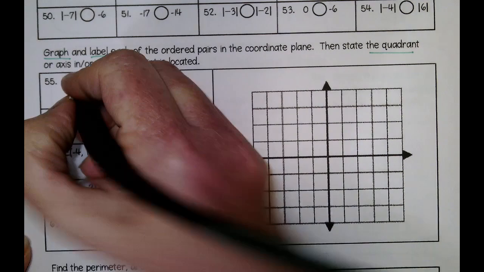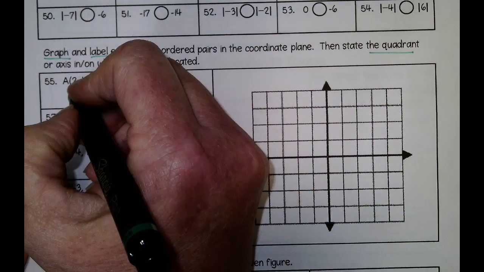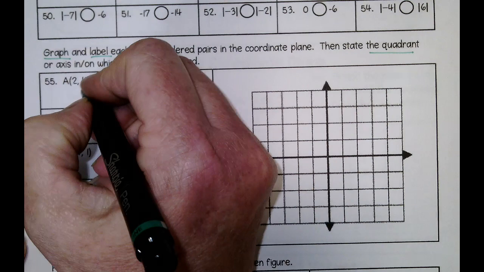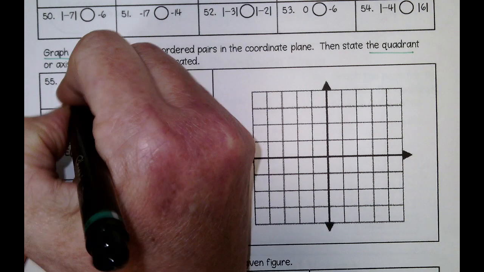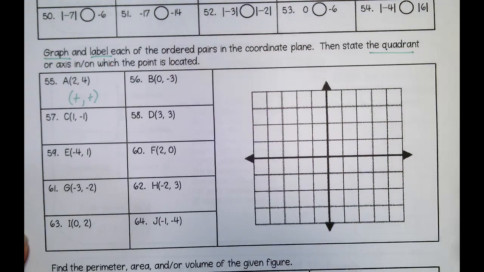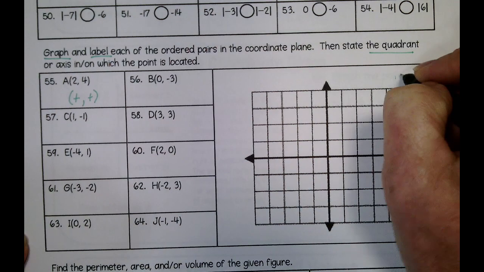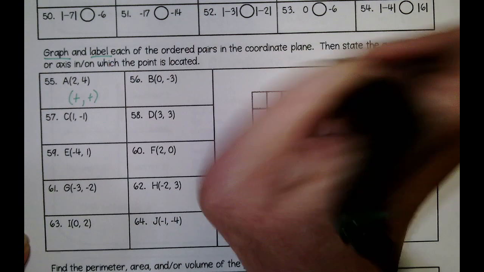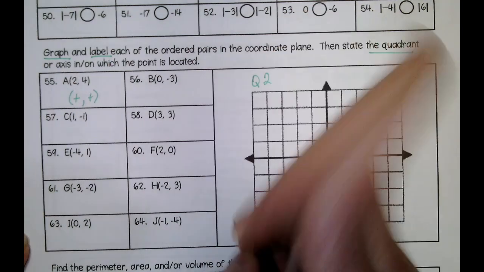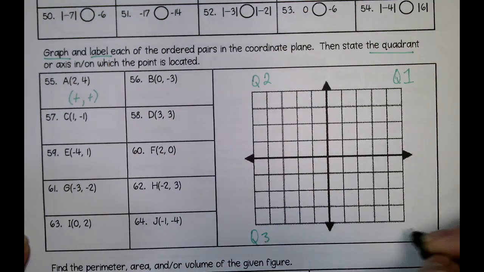So for 55, point A is 2, 4, so that means the 2 is positive and the 4 is positive. Now which quadrant is that? Remember, we've got quadrant 1, quadrant 2, quadrant 3, and quadrant 4.